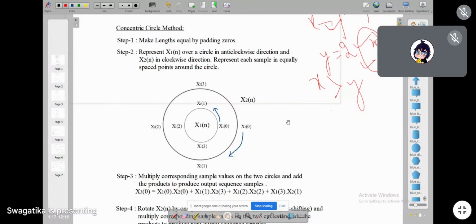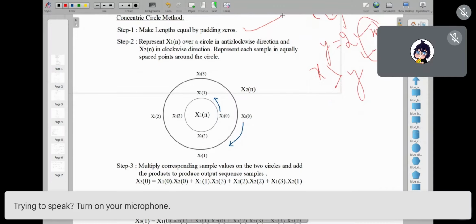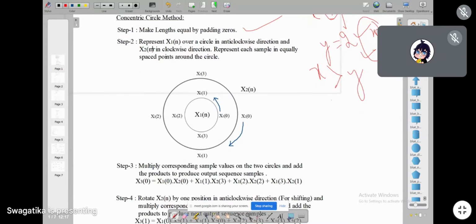For the concentric circle method, step one is to make the lengths equal by padding zeros to x1 of n and x2 of n. Step two is to represent x1 of n over a circle in the anti-clockwise direction and x2 of n in the clockwise direction.